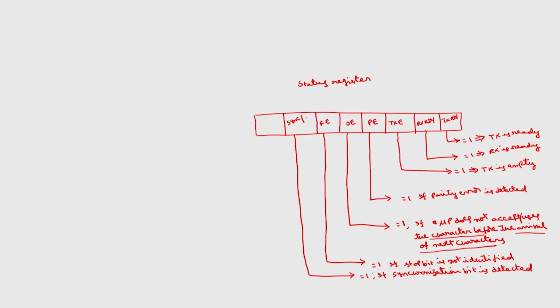So, this bit will be used in synchronous serial communication, or we can use this as a break character also. And the last bit is DSR, data set ready. If data is ready, this bit will be 1. This is about the status register.